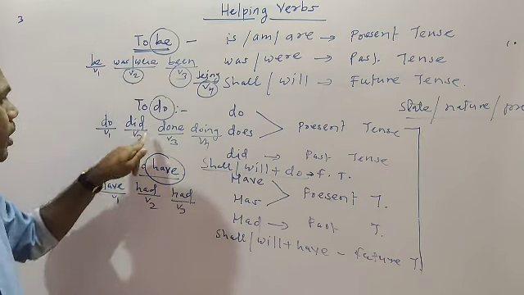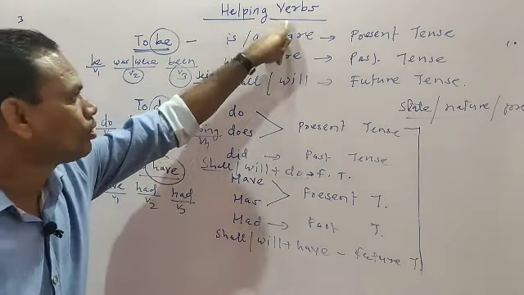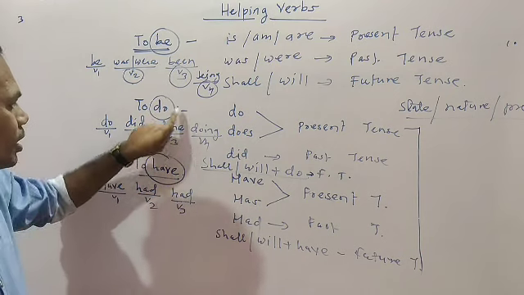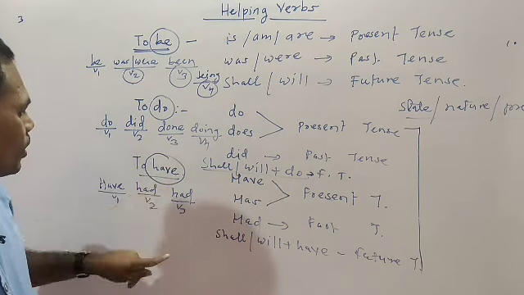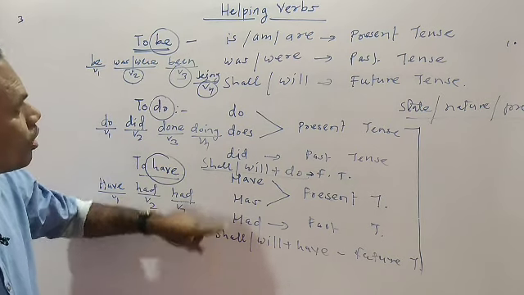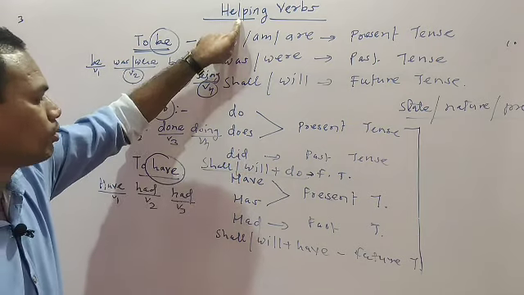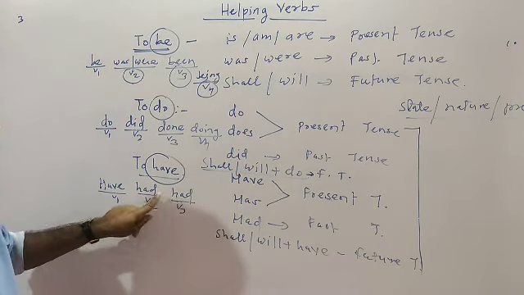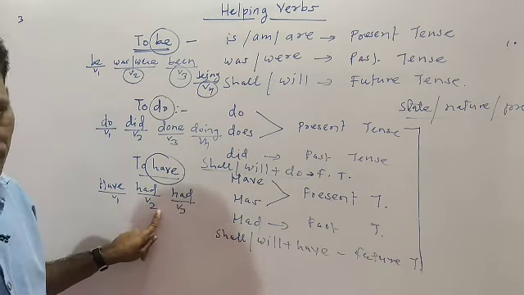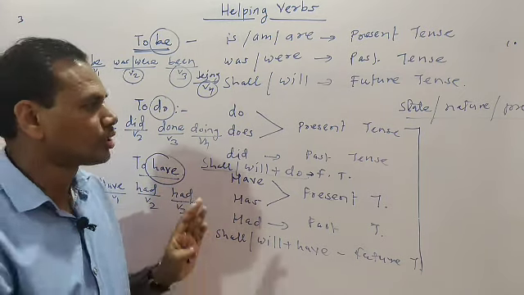Okay, similarly to do, does, did, these are helping verbs. Do, did, done, these are main verbs. Similarly, to have has three helping forms: have, has, had, these are helping verbs, and have, had, these are main verbs. Okay, so we need to clear the concept.